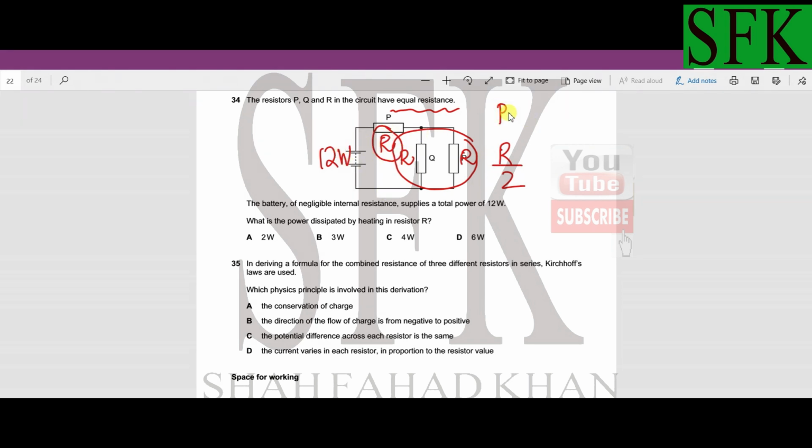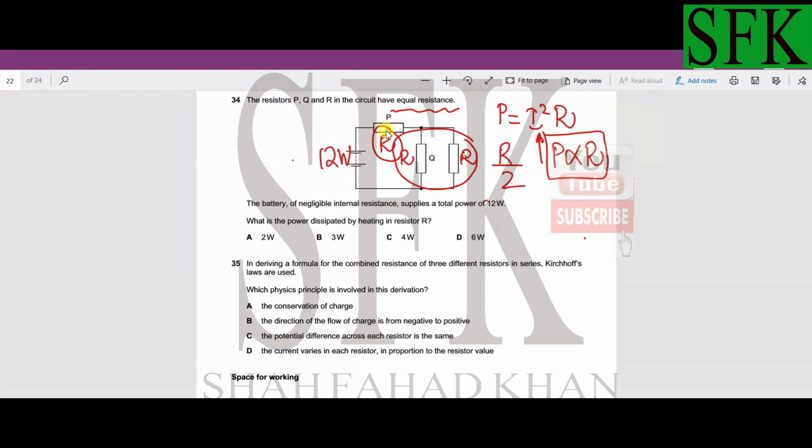What is the law that applies in series? Power is equal to I squared R. We know that in series the current is constant, so power will be proportional to the resistance. If power is proportional to resistance, then we can easily calculate the power lost across P, and also the power lost across Q and R combined.